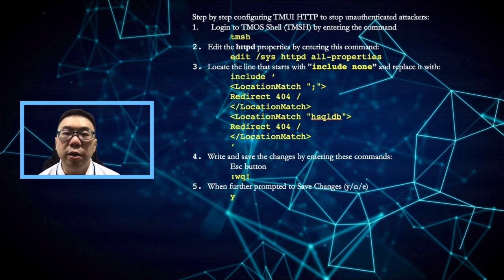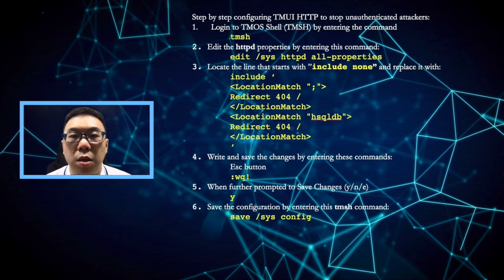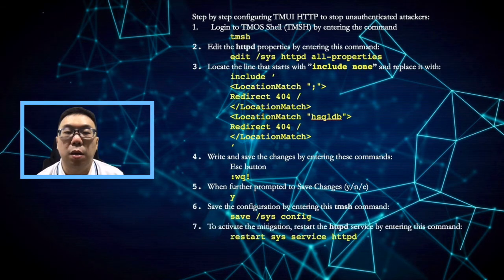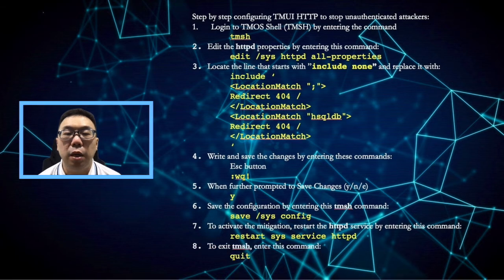Fifth, when prompted to save changes, yes, no or erase, enter Y for yes. Sixth, save the configuration by entering this tmsh command: save /sys config. Seventh, to activate the mitigation, restart the HTTPD service by entering this command: restart sys service httpd. Eighth, to exit tmsh, enter this command: quit.